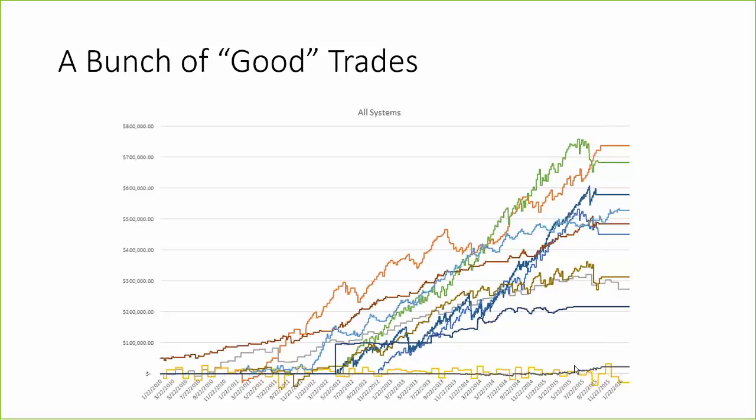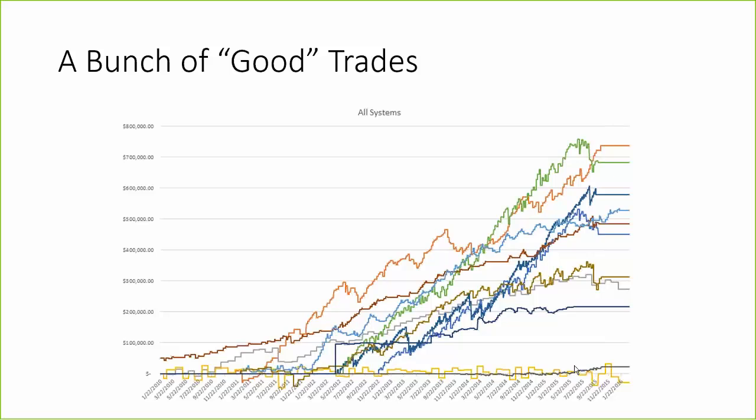So you can look through this and see that there's a lot of equity curves, and these are all back-tested systems, 100% rule-based. Some of them have adjustments, some of them don't, some use filters, some don't, but they're very typical types of trades.